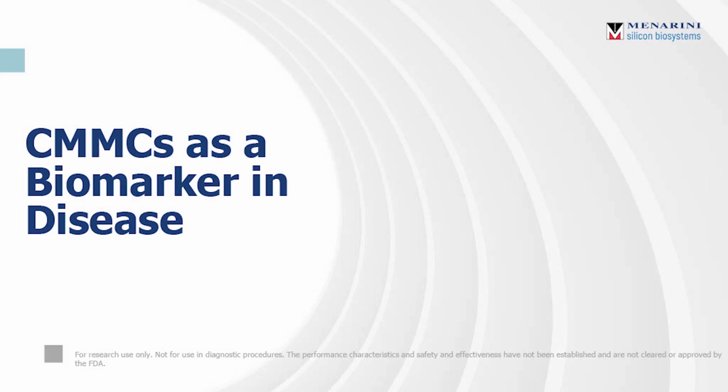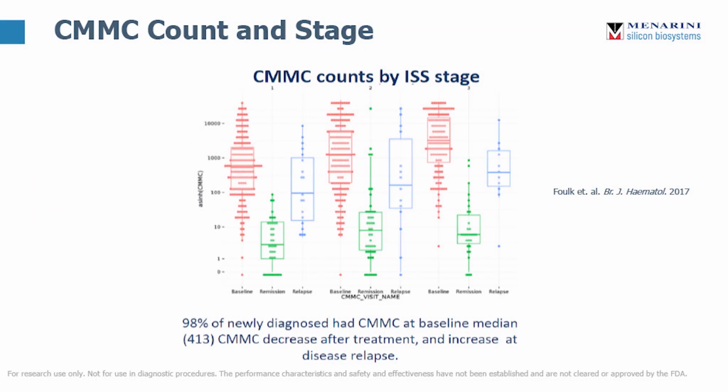So now that we have the ability to isolate and enumerate CMMCs, how do we use these as a biomarker, and what have we learned? When we looked at CMMC count in multiple myeloma patients, here's what we found. Presented here are some data on CMMC count in patients. In the red, we have data of newly diagnosed patients, baseline.